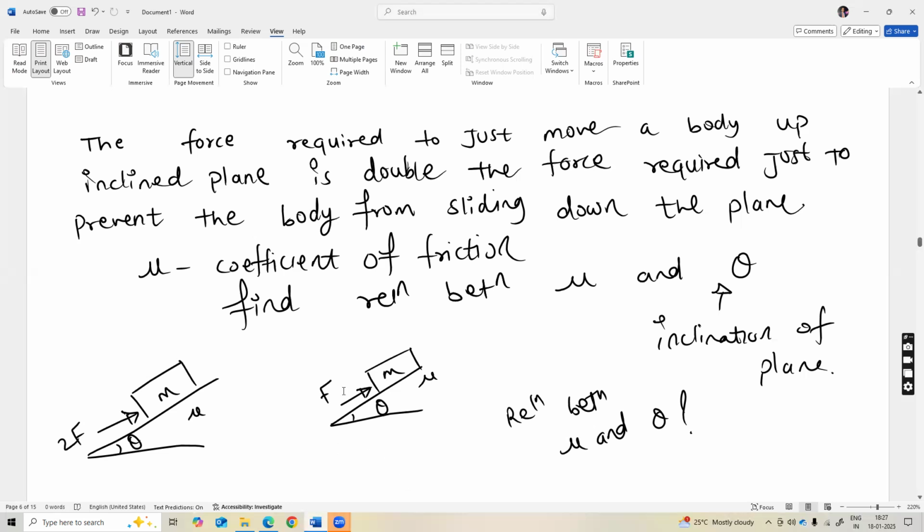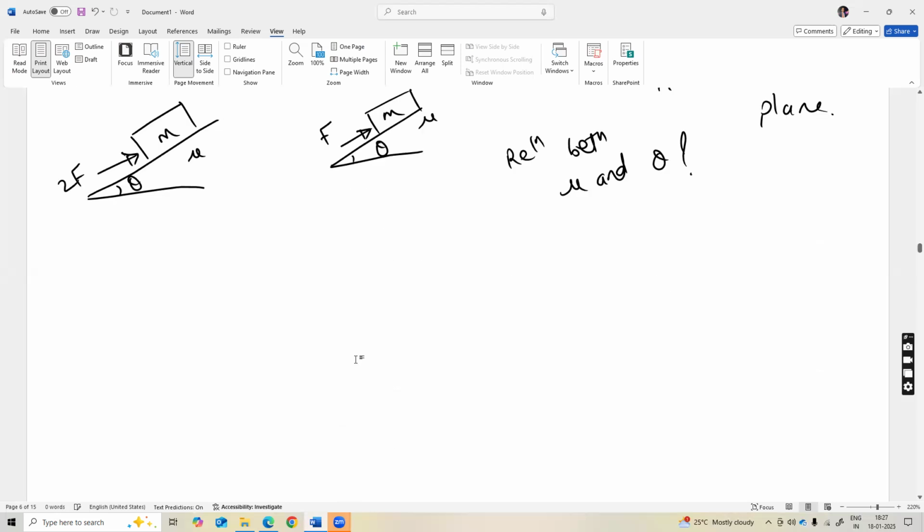So I will just try to solve this. In the first case, it will start moving upward when you apply force, let's say it is 2F, 2 times the F.